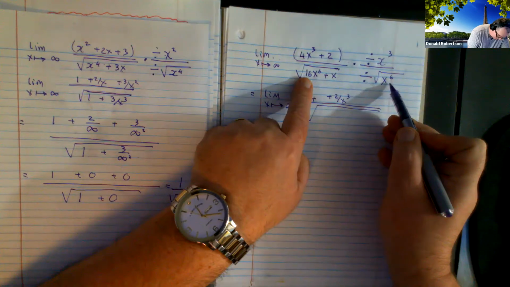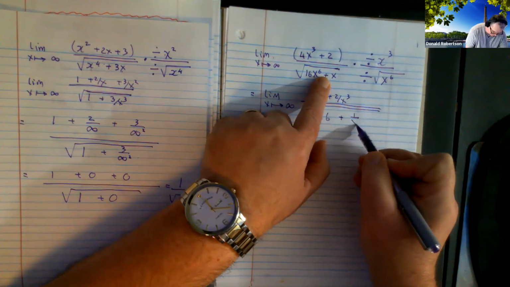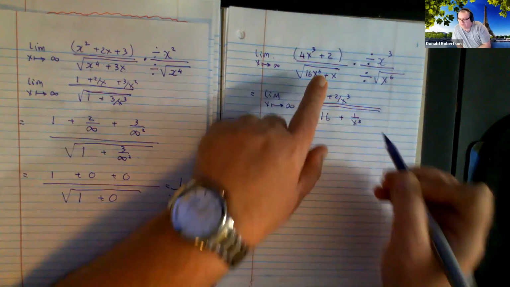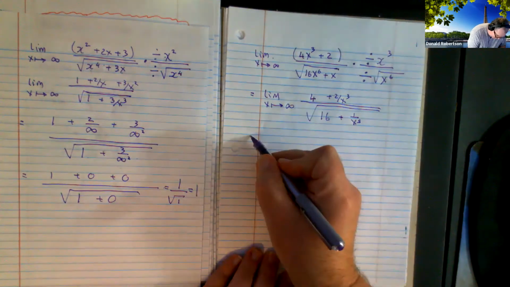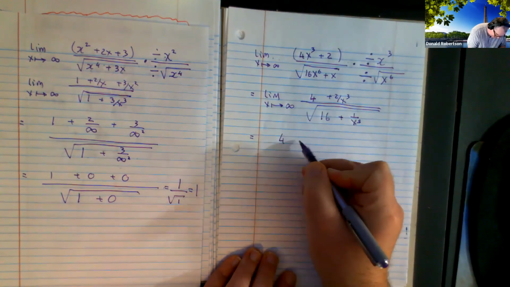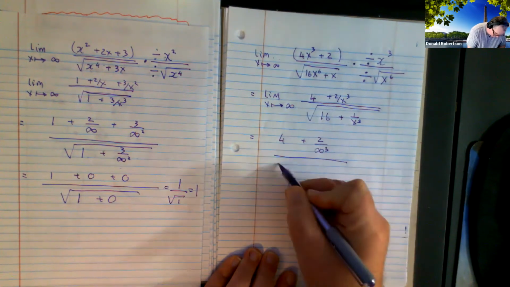So that guy gets you 16, and that guy gets you 1 over x to the 5. You agree the square roots are just uglier to work with, right? They're not as clean as they would be if it was just normal polynomials. I should be able to just plug in, brute force, and see what we get.